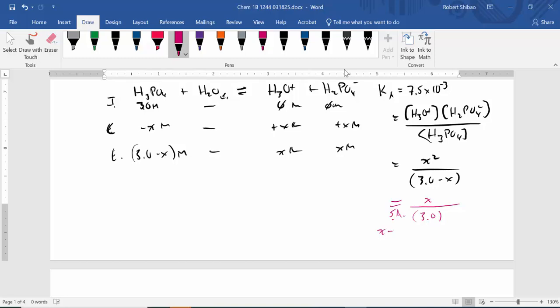Let me check that. I'm just going to do it in decimal form. 0.0075 times 3. 0.0225. Okay, what do we do next? Yeah, can you calculate the percent change and tell me what it comes out to?